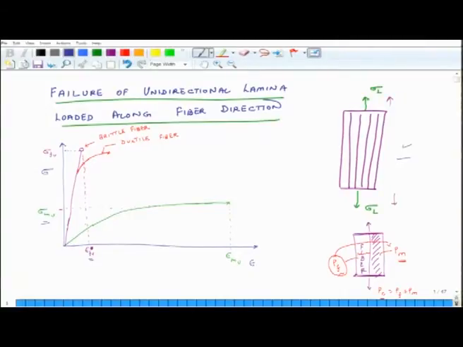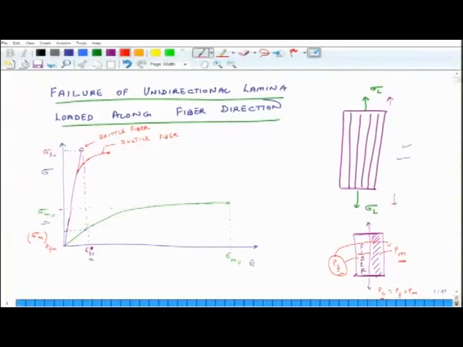At the breaking strain in the fiber, what is the stress in the matrix? That stress, if I look at this picture, is this level, right. So, at this strain level epsilon Fu, the stress in the matrix is sigma m at epsilon Fu level, right.